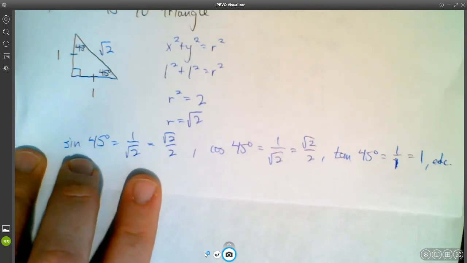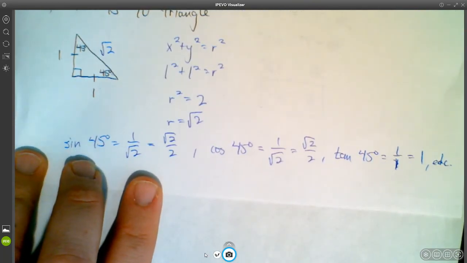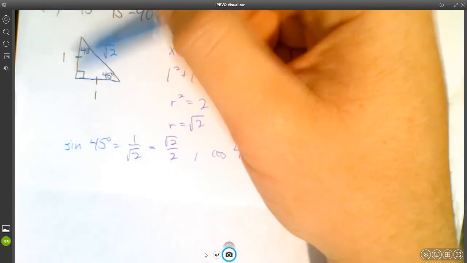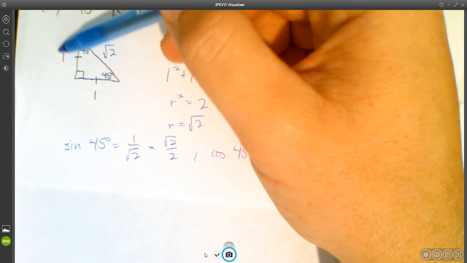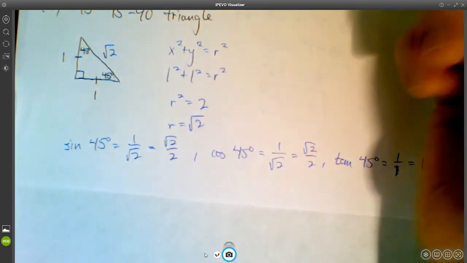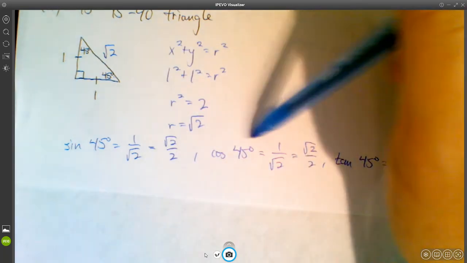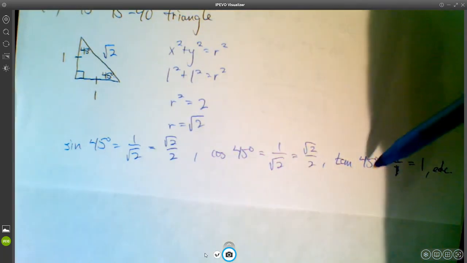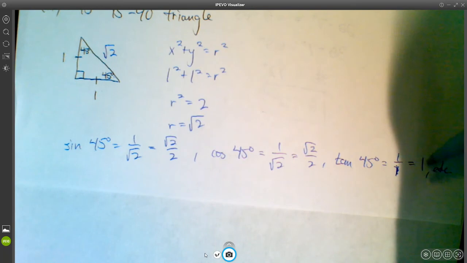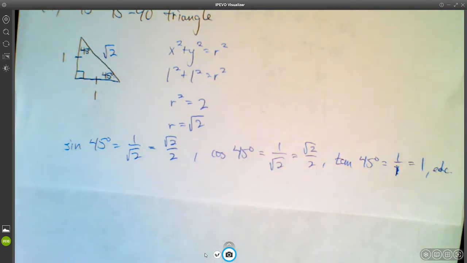Okay? And again, that's going to be true regardless of how big the triangle is. Like I said, you could replace this with some other value. But what that tells us is that sine 45 degrees is always root 2 over 2. Cosine 45 degrees is always root 2 over 2. And tangent of 45 degrees is always 1, regardless of the actual triangle you're looking at. Okay.